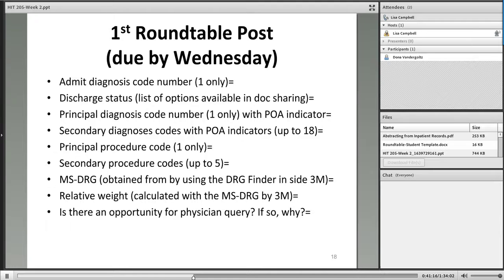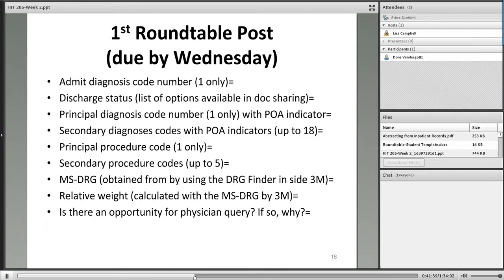One is abstracting from inpatient records, 2 inpatient coding tips for new coders, and then there's another one that should be there, which is called the mechanics of the inpatient chart review.